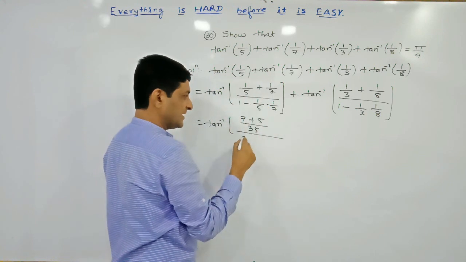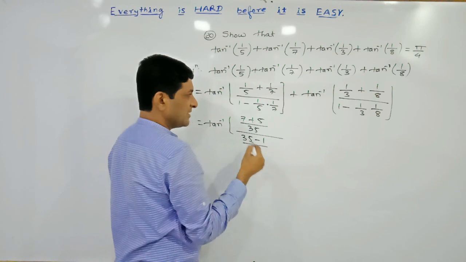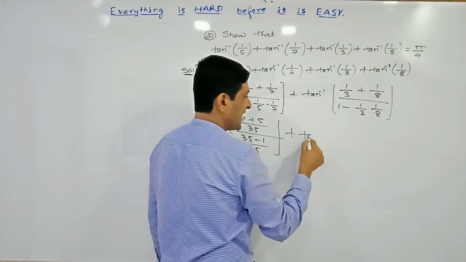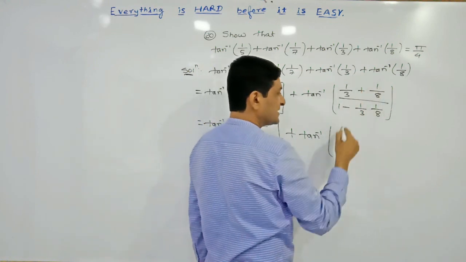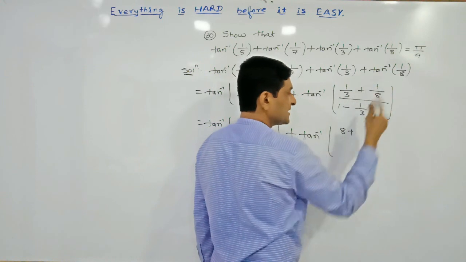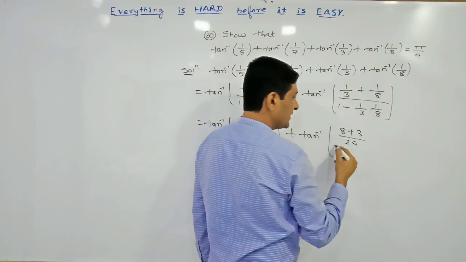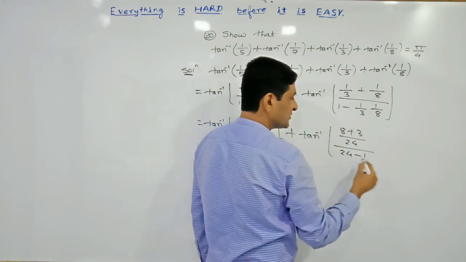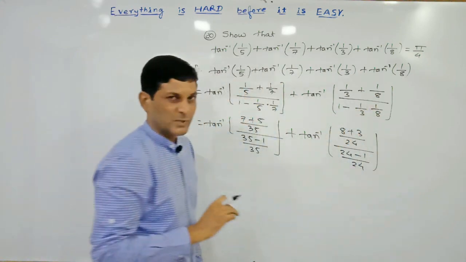So here we will get 35 minus 1 divided by 35. Plus tan inverse of, here, 8 1s are 8 plus 3 1s are 3, divided by 8 3s are 24. In the denominator also 24 into 1 is 24 minus 1 upon 24. Just simply we have taken cross multiplication.